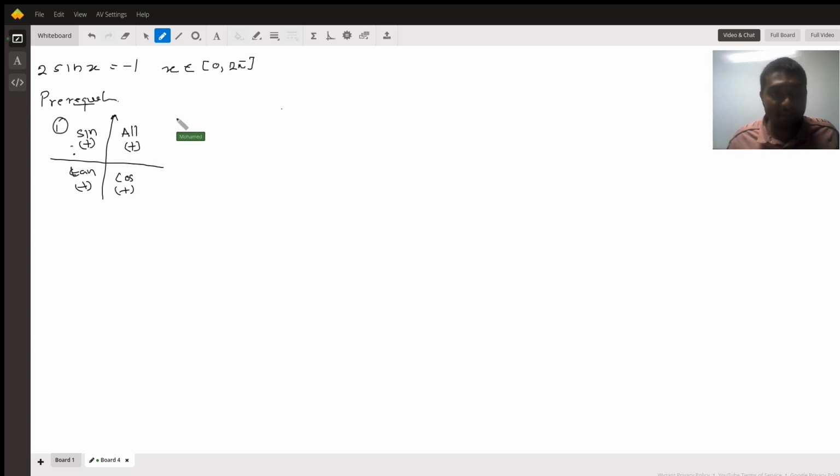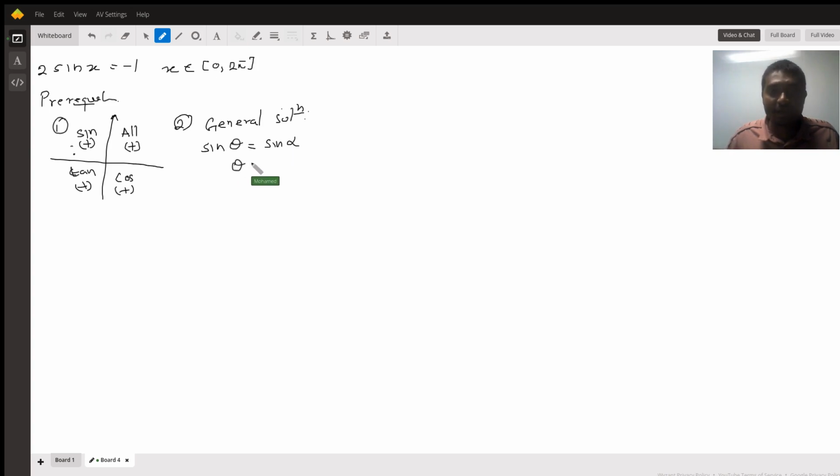The next basic thing that you will have to know before solving this is the general solution. There is a general solution for each of sine, cos, and tan. The general solution for sine is, let's say sine theta is equal to sine alpha.